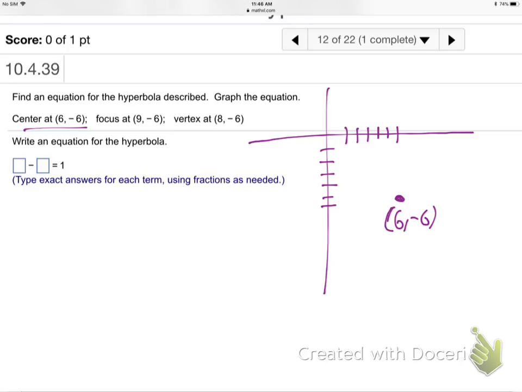So there's the center. The focus is at 9. Here's the center, 6. The focus is at 9 and the vertex is at 8. Ooh, they're tight. Right there. There they are.